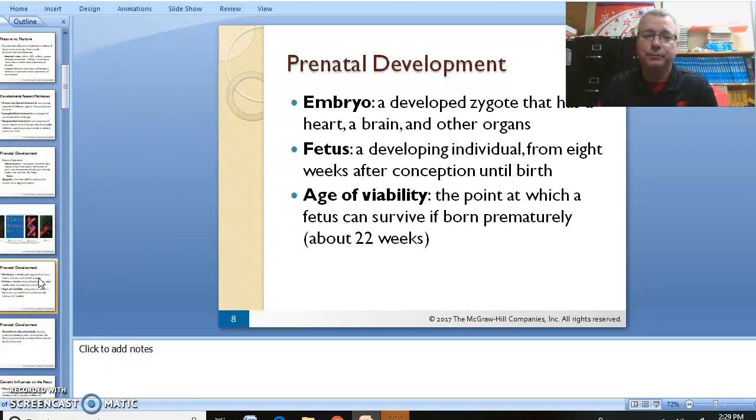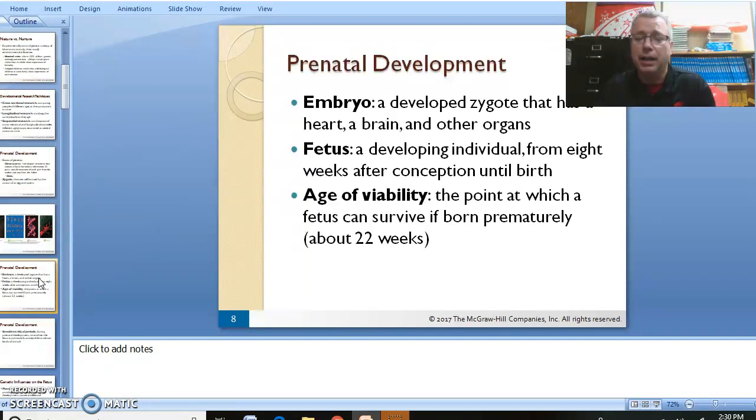Okay. Then after 3 months, it turns into a fetus, and now with the fetus, everything is put together. You have all the parts that you need. Now they just need to be able to get bigger and more developed, and the brain and the lungs and the heart, all that needs to get bigger and more developed. And the last thing that really is fully developed are the lungs.